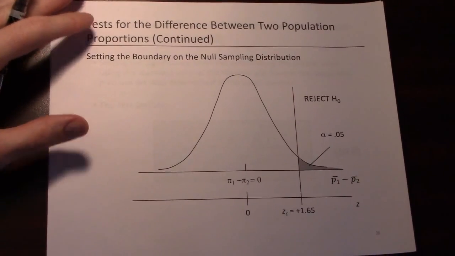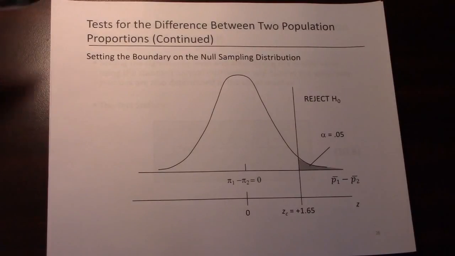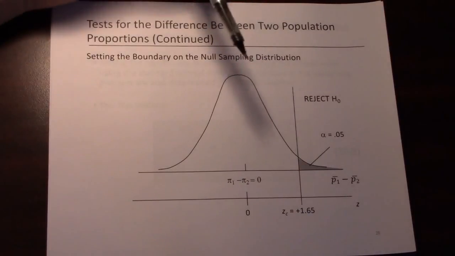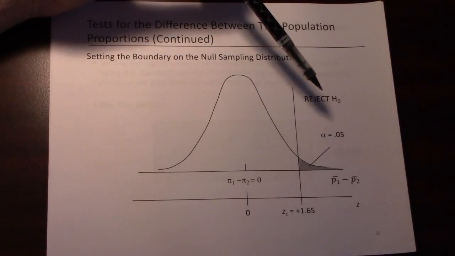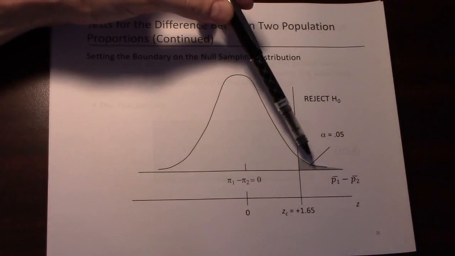And we're going to use the same principles, the same rejection, same don't reject type of thing. This would be a one-tailed test with 5% of the data in the upper tail.